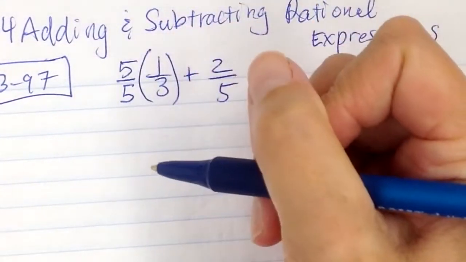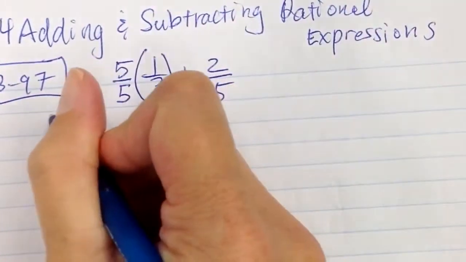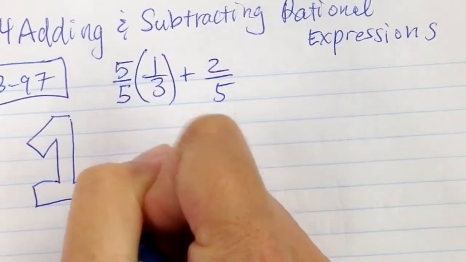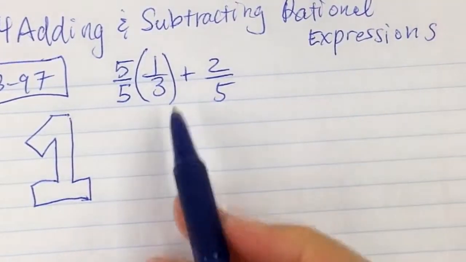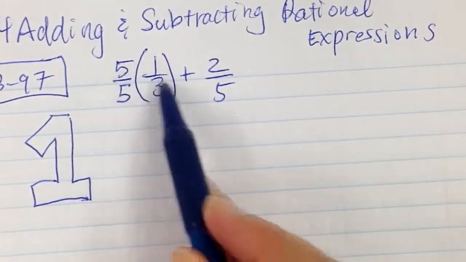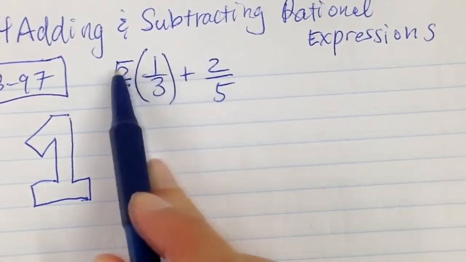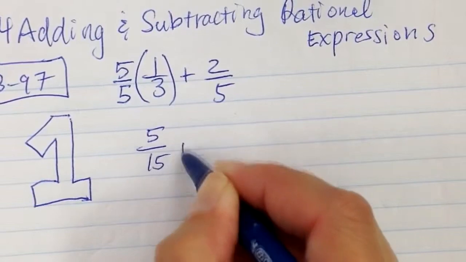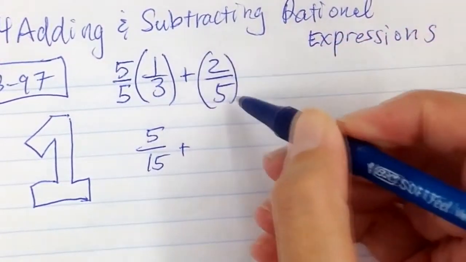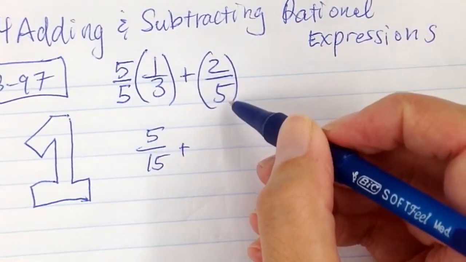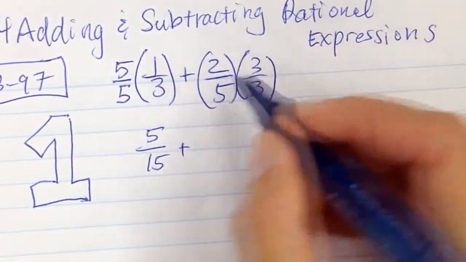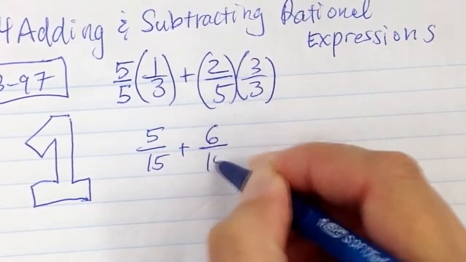Whatever you have to do to the bottom, you have to do to the top, because of the giant 1 concept that we talked about last class period. If I multiply by 1, I'm not really changing the fraction. So multiplying by 5 over 5, I get 5/15. Plus, now I need to make this one be 15ths, so I multiply by 3 over 3, which gives me 6 over 15.